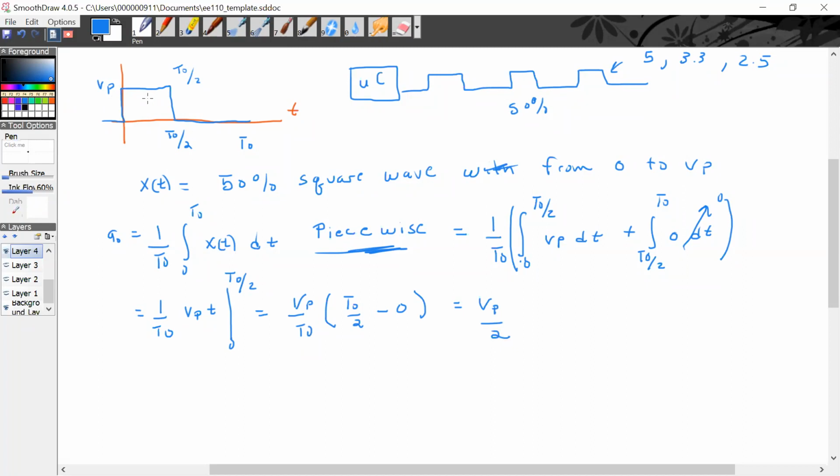Which makes sense, right? It's on for half the time. If it were on for the whole time, the average would be VP. If it was on for a quarter time, it'd be VP divided by 4, and so on and so on. And so in fact, in a pulse width modulated signal, it's in fact the DC that we want. The other parts, to turn it into a digital to analog converter, we actually want to filter out.